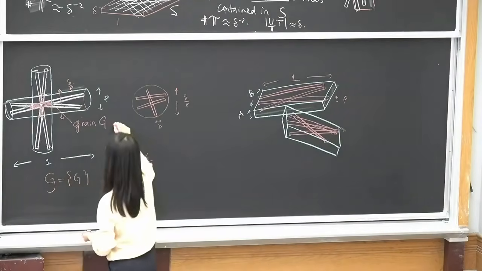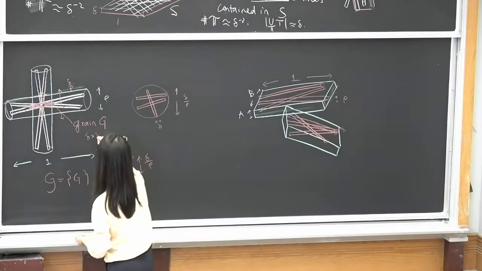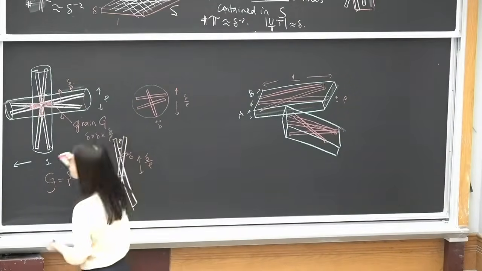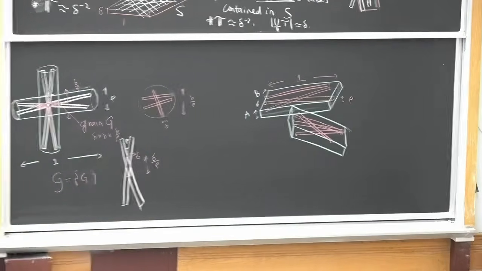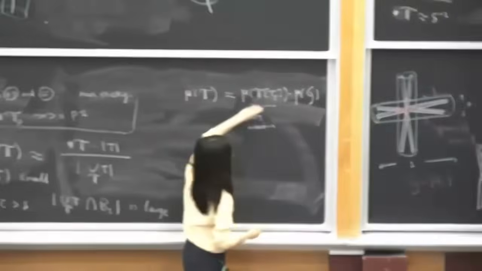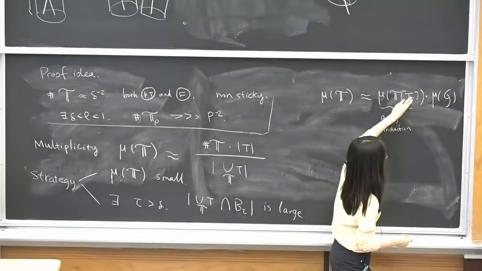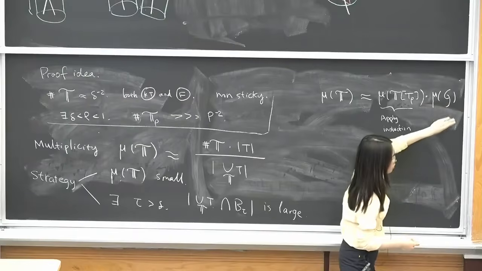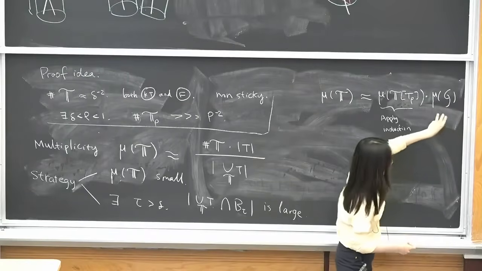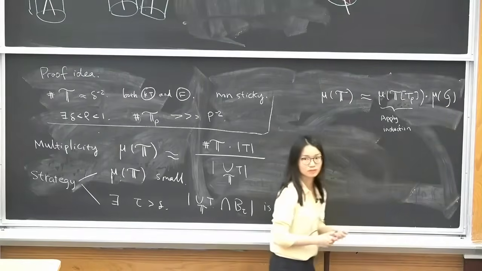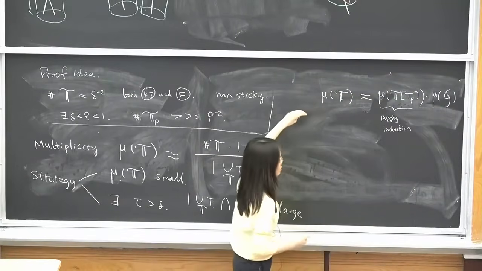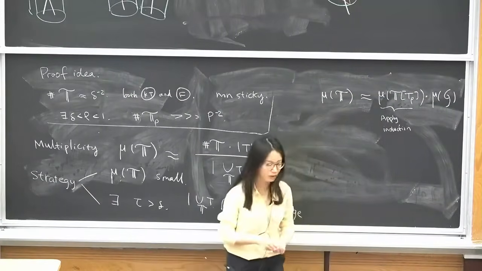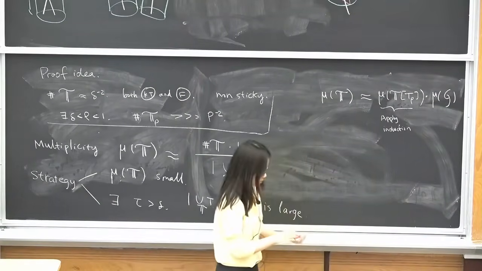The grain has dimensions delta times delta times delta over rho. And this is thus bounded by the number of thin tubes through a point in a thick tube times the number of tube segments, the number of grains through each point. So that's the starting point of the induction on scales.